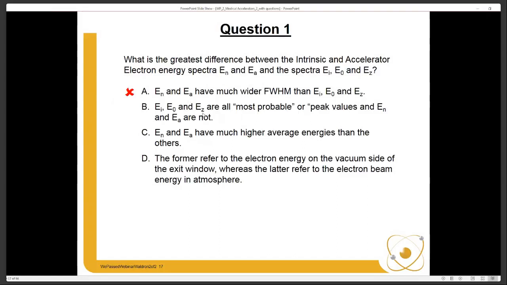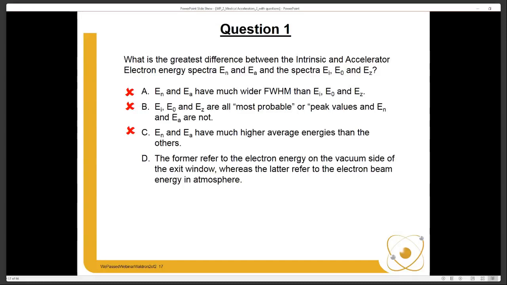Is it that all are most probable or peak values and these two are not? Well, no, we saw in the last slide and the slide before that all of these could have a most probable designation. Was it that E sub n and E sub a have much higher average energies than the others? Well, no, there's no way to say what their average energy is going to be necessarily.